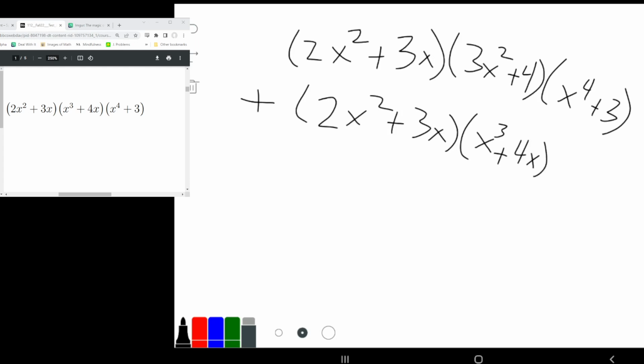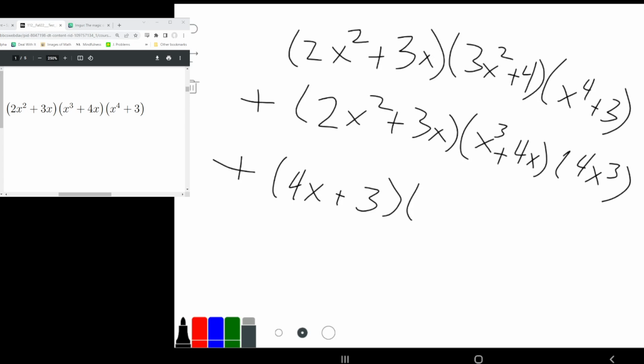Now the derivative of x to the fourth plus 3 is just times 4x cubed, plus, and now we take the derivative of the first one. That would be 4x plus 3 times x cubed plus 4x, times x to the fourth plus 3.